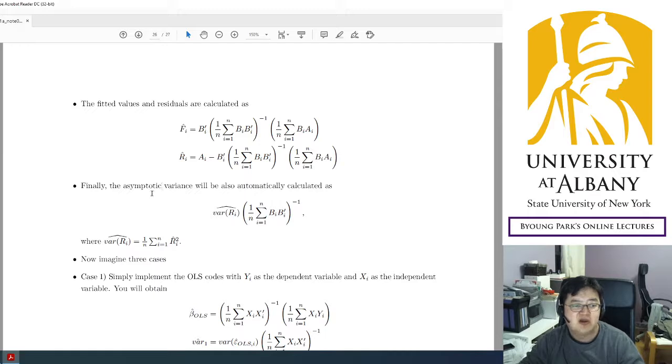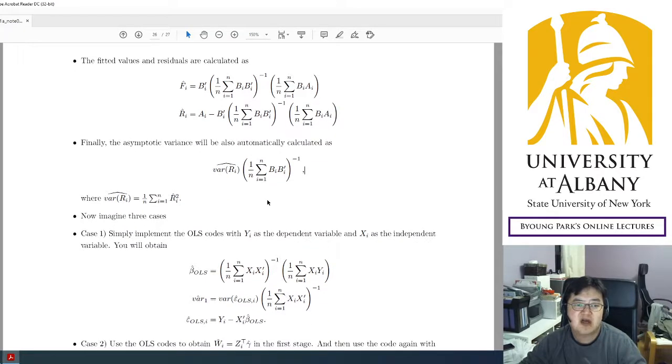Then finally, we are interested in how the program calculates the variance, which is basically the standard error. If you use OLS, the variance will be calculated this way. Remember, sigma squared times expected x prime x inverse was the OLS asymptotic variance, and the program calculates it in this way.